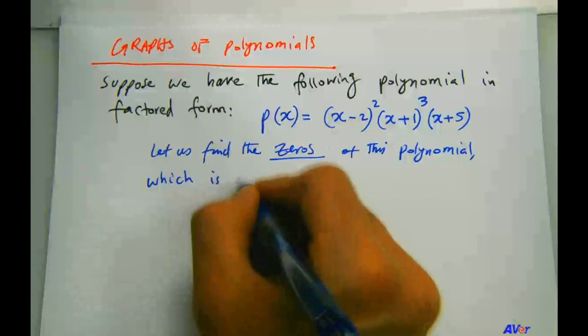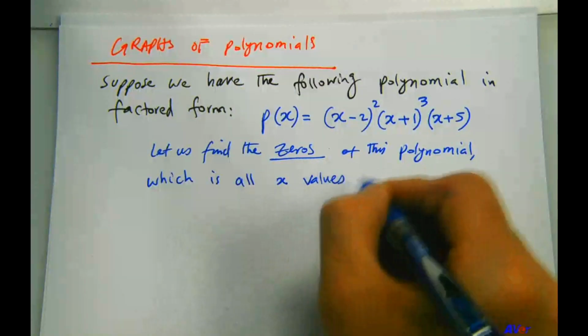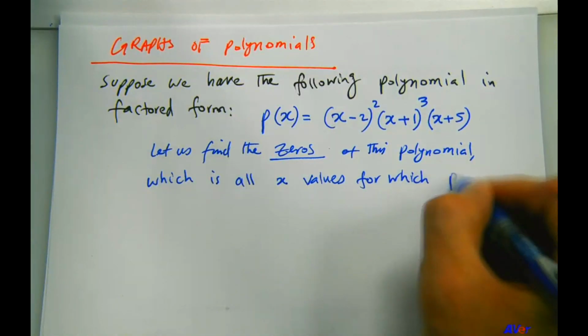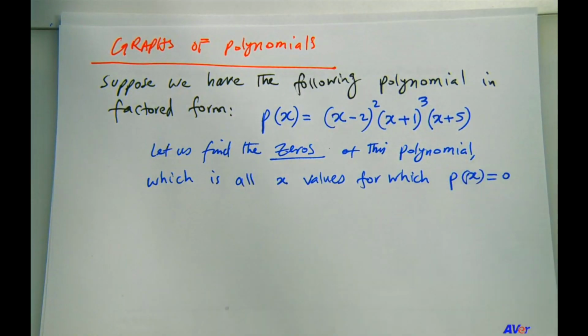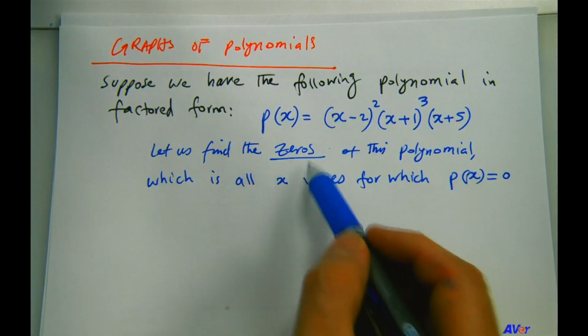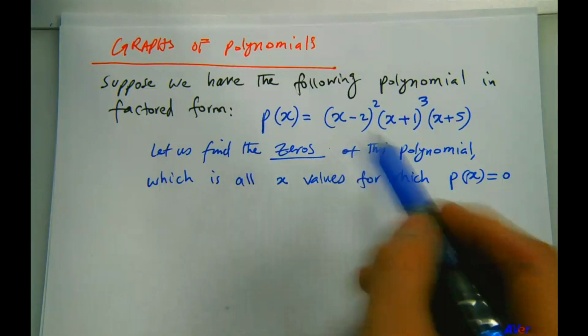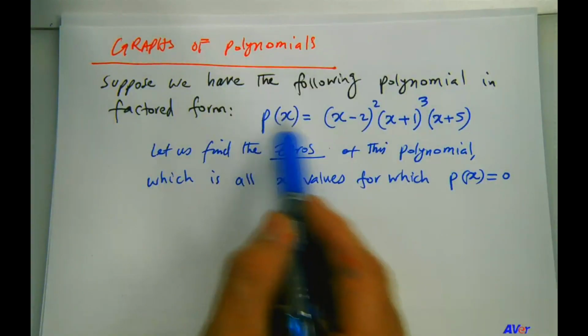Now, notice the powers. Well, let's first find the zeros of this polynomial, which is all x values for which p of x equals 0. When we talk about the zeros of a polynomial, we're talking about all x values that would make this polynomial equal to 0.